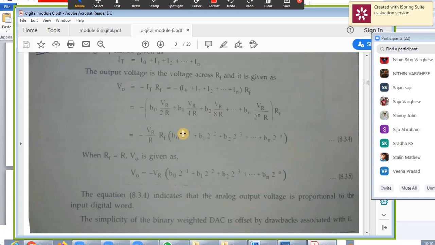So B0 2 power minus 1 plus B1 2 power minus 2 plus B2 2 power minus 3, up to Bn 2 power minus n.